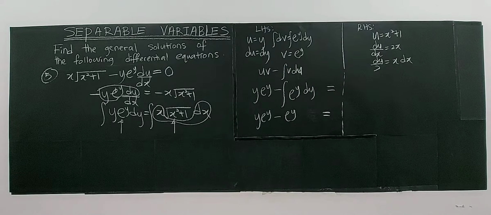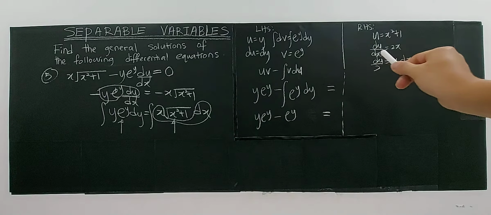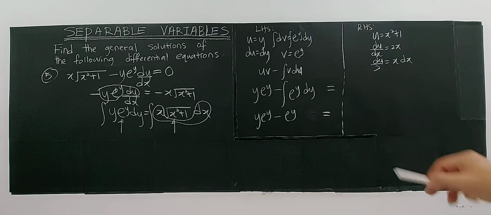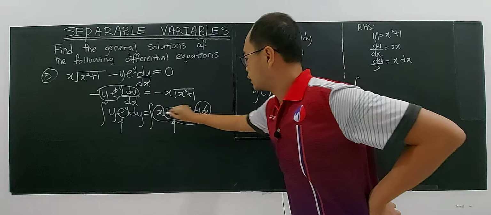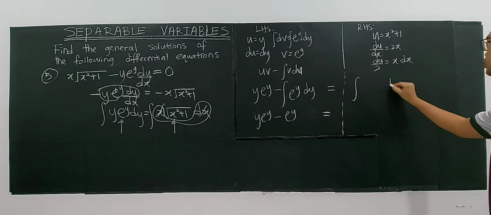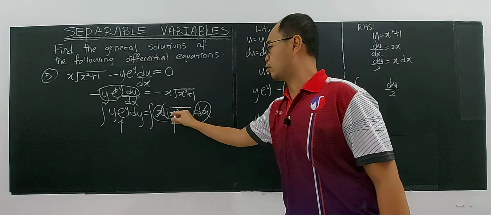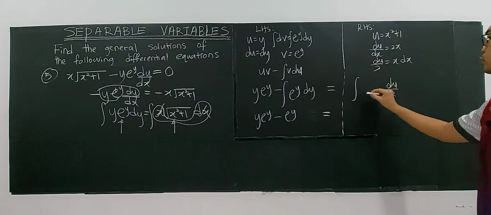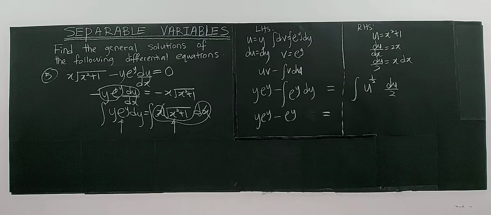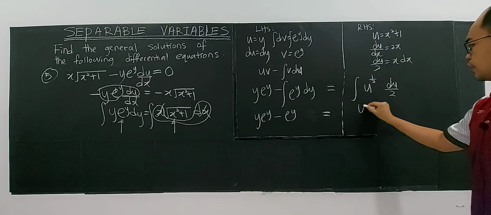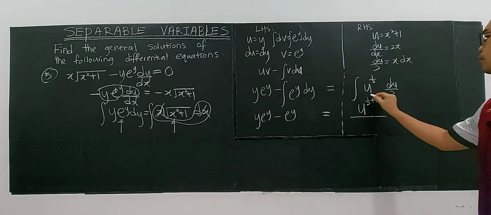If you see carefully, x dx can be replaced by du over 2. So I have done with this; this one is replaced by du over 2. And for this, we have the square root of u, which is u to the power 1 over 2, right? Integrating this, we have u to the power of 1 over 2 plus 1, divided by that.